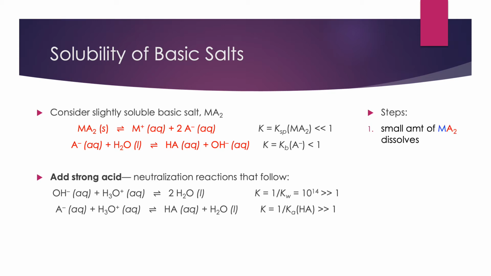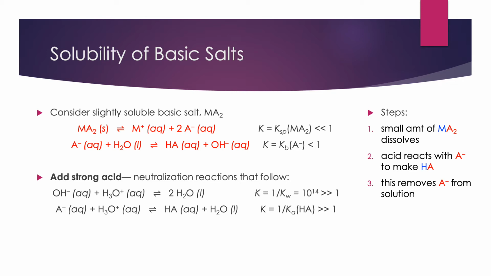Now let's review the steps that are happening here. A small amount of MA2 dissolves. That's what's happening in that first reaction, and it's a small amount because KSP is not very large. We're then going to add acid, and that acid is going to react with the anion from the dissolved salt to make undissociated weak acid, HA.